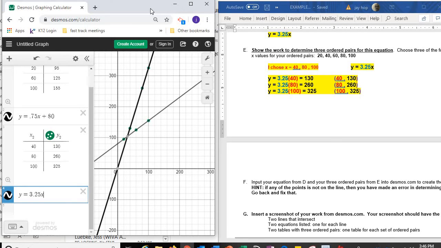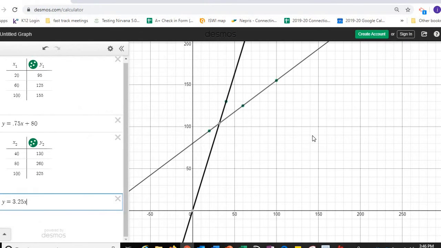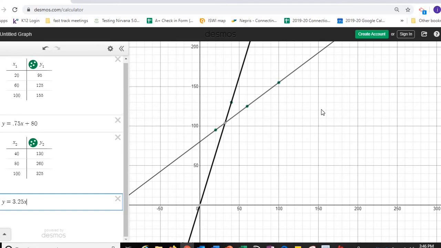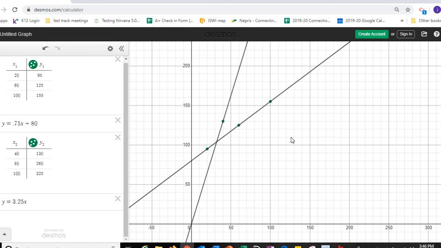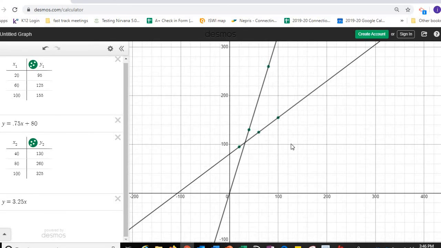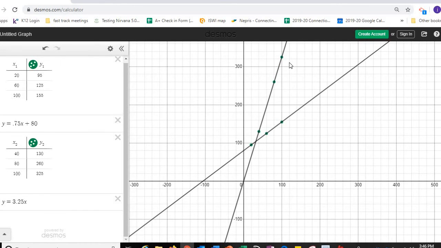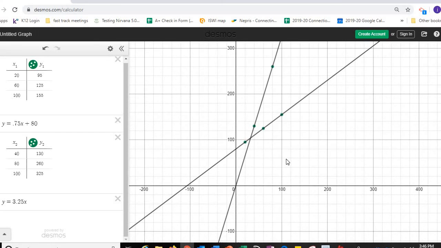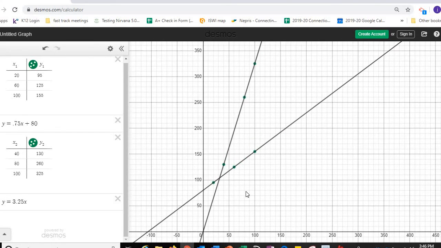Okay, now let's look at this graph. Alrighty. And so now I'm going to scroll it out, so I can see that all of my points for that line are right there. They're right on the line. And now I can see that those lines intersect.